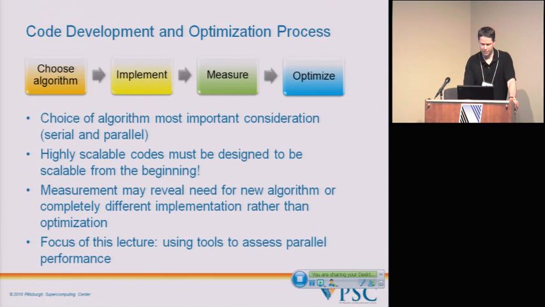As I mentioned at the beginning, the focus of what we'll talk about today is becoming familiar with the tools that are available to assess the performance of your code. The solution is going to be varied, both for optimizing in serial and in parallel. The solution is going to be very specific to whatever it is you're doing.